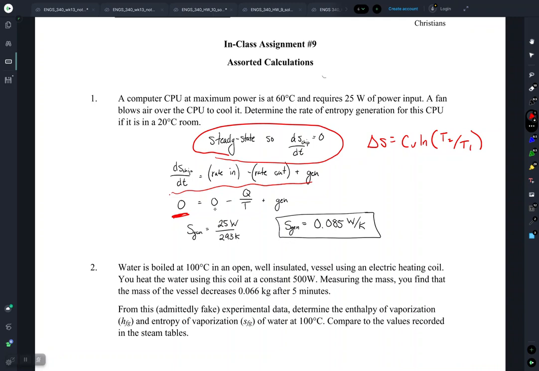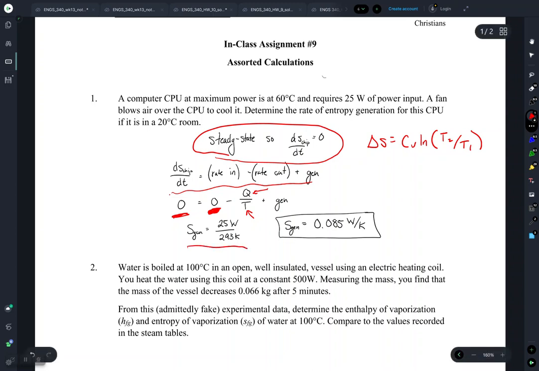We don't have any heat flowing into the system. So Q in is 0. Heat is flowing out of the system. It's flowing out at a rate of 25 watts, which we'll put here on the top, and it's flowing out into the room. The room is the temperature here on the bottom, 293 Kelvin. So we have 0 equals 0 minus Q over T plus S gen.